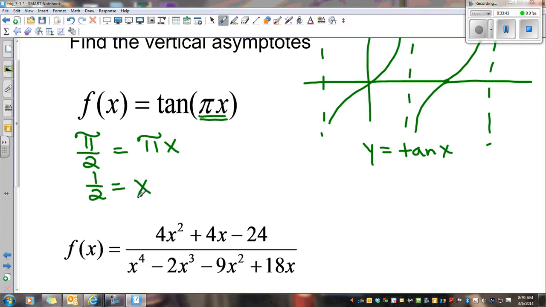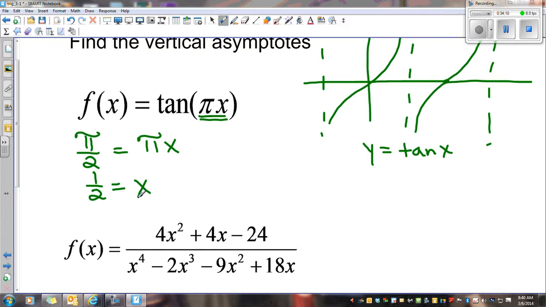Now think about it this way. We said pi times what would give me pi over 2? 1/2. All right, we're good with that. Now, how am I going to talk about what Mark said? He said it doesn't just happen at that first spot.